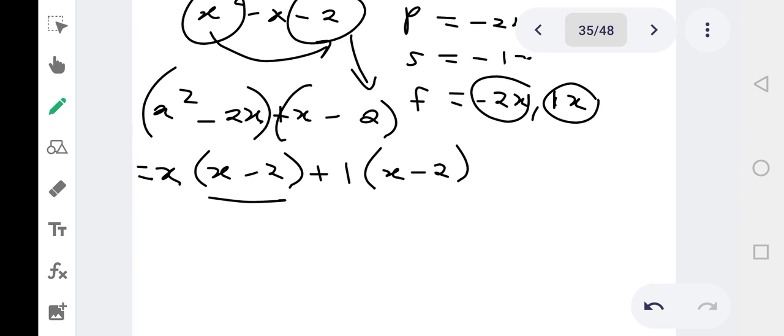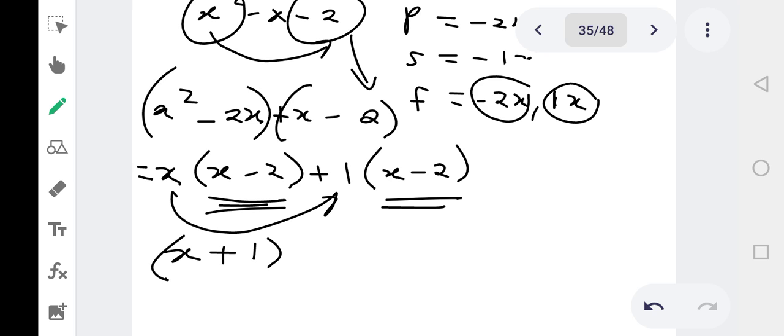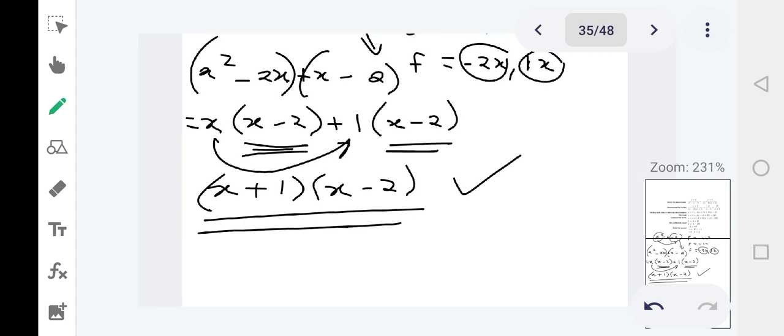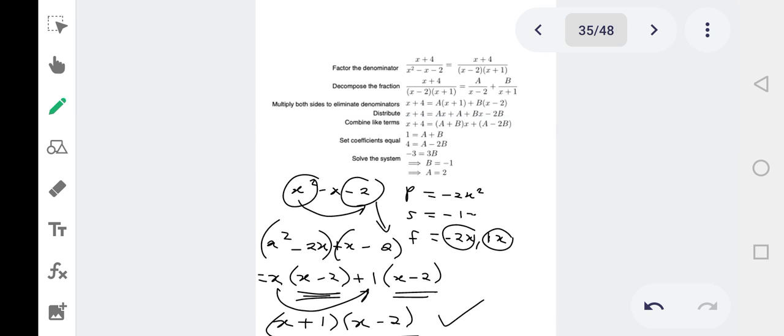Whenever you have the same thing inside the brackets, you get x and the 1. You say x plus 1 times x minus 2. X plus 1, x minus 2, or x minus 2, x plus 1, it's the same thing. That's how we factorize it.